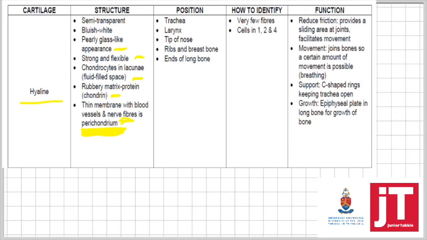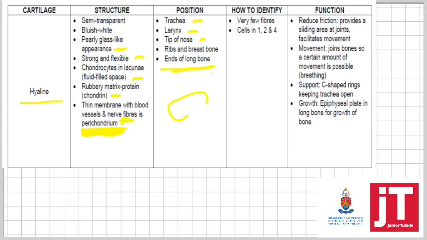Now, where do we find this cartilage? In your trachea, which is your main air pipe. You will learn this in grade 11. In your larynx, which is your voice box, the tip of the nose, and between the breastbone and the ribs. You will still learn this later. And at the ends of our long bones.